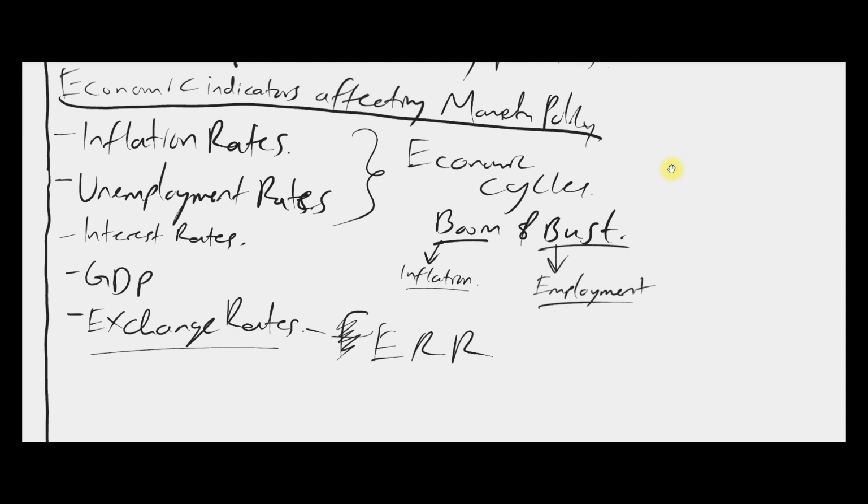If you want to know which rate is going to move the market the most, you need to know if the country's economy is in a boom or in a bust cycle. Economies usually are in the boom phase, so inflation is usually the main one for the most part.